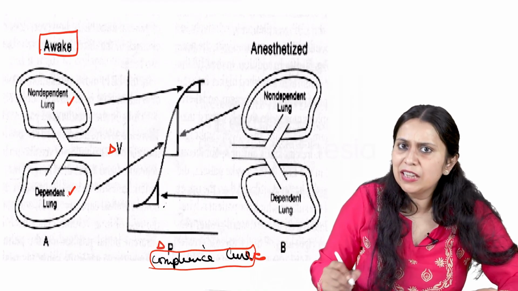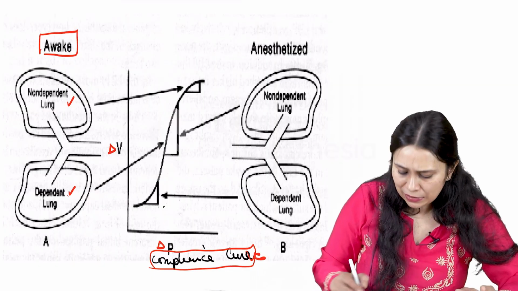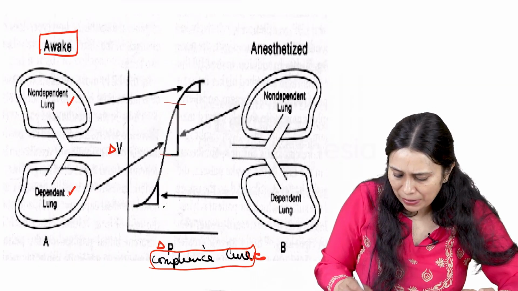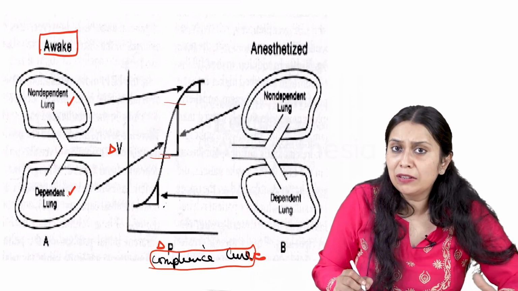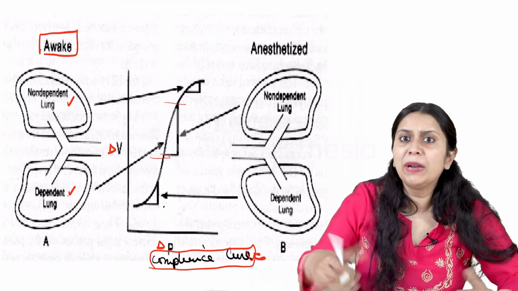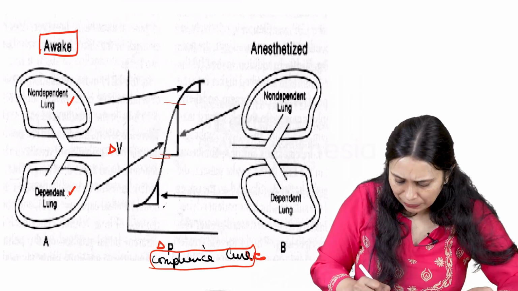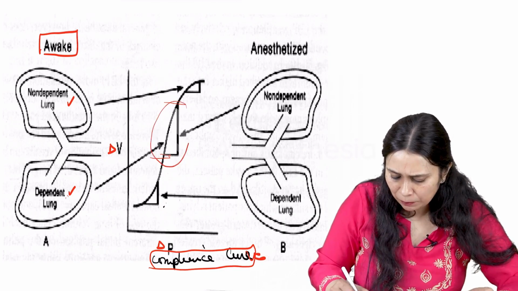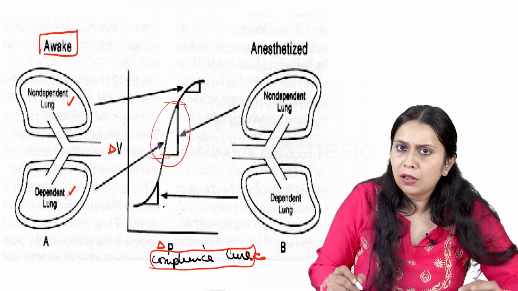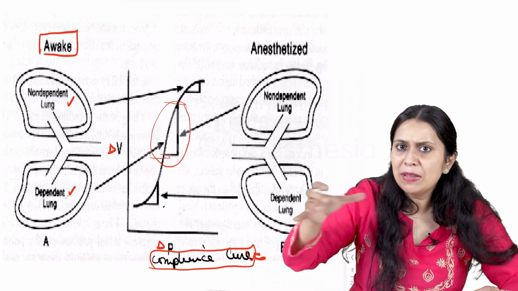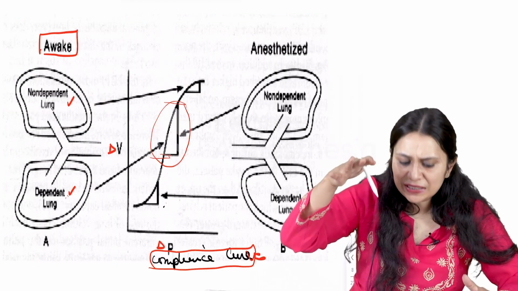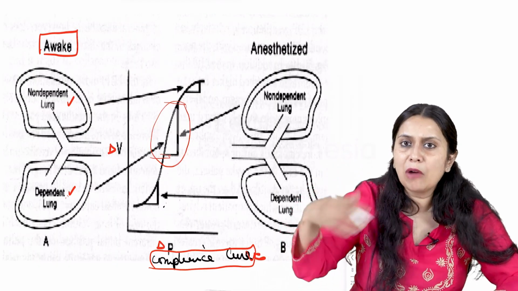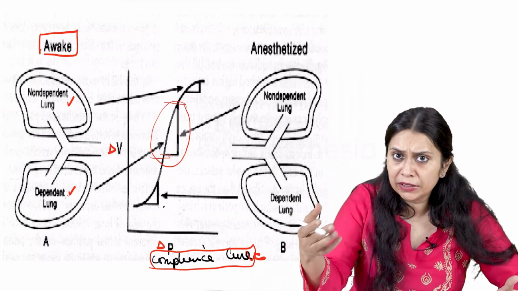This is a sigmoid shaped curve, and the middle part is the best area. If a portion of the lung lies there, it would be better ventilated. And the dependent lung falls in this middle part of the lung compliance curve. What do I mean by this? What happens in the dependent lung? Because it is dependent, it is better ventilated.